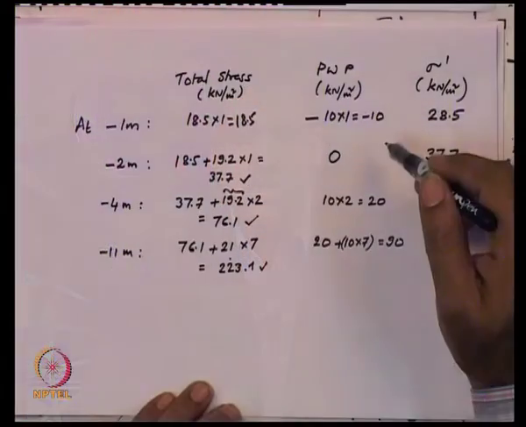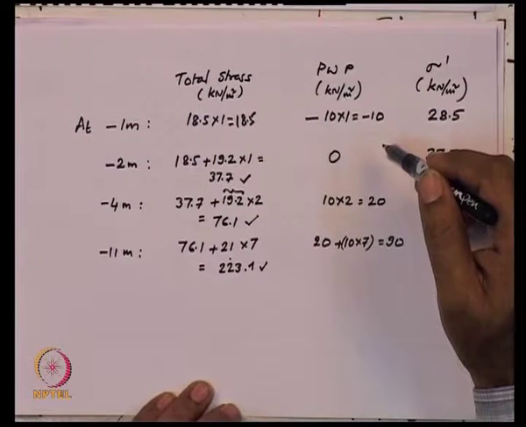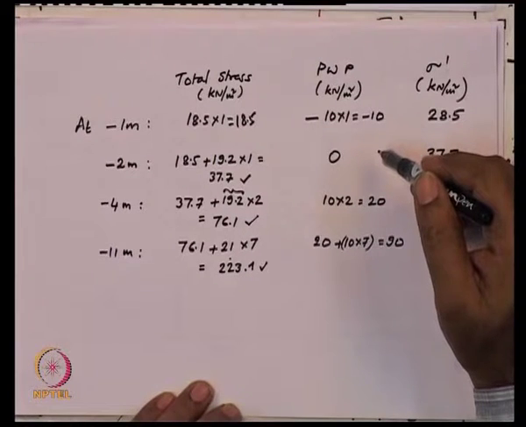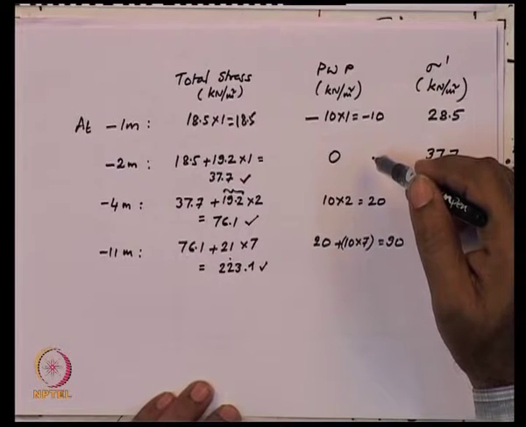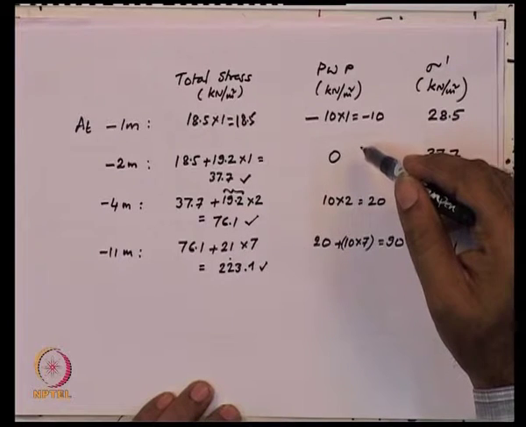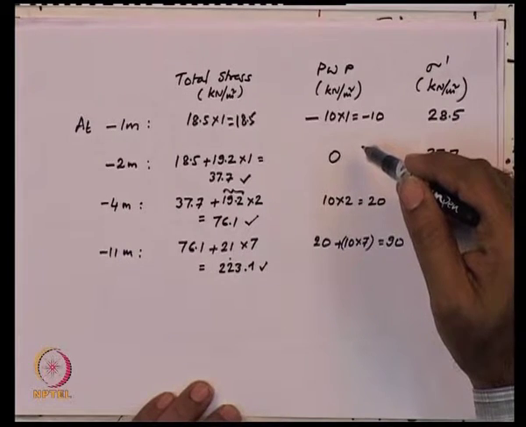The pore water pressure is actually obtained like this. We have said that between zone 1-1 and 2-2, 2-2 is the level of the groundwater table. Because of the capillarity effect, in the zone of capillarity there is a capillarity height, which is called H suffix C, HC.